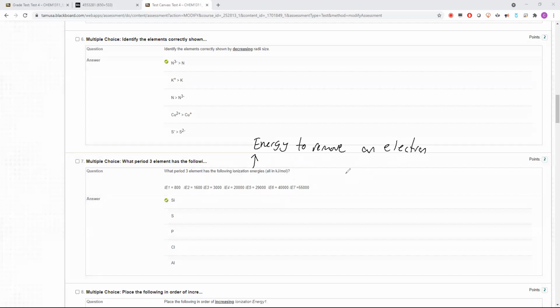And generally, the more electrons you try to pull off, the harder it is. So that's why we see energy go up every single time.